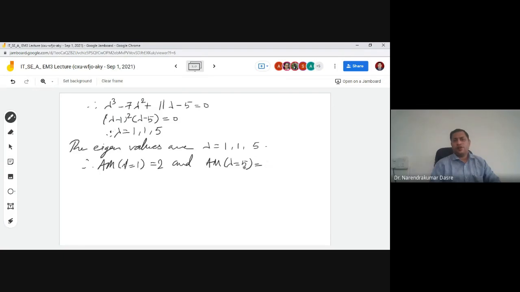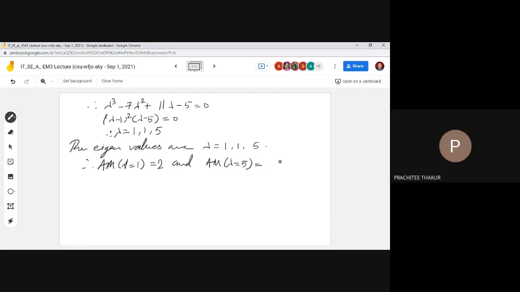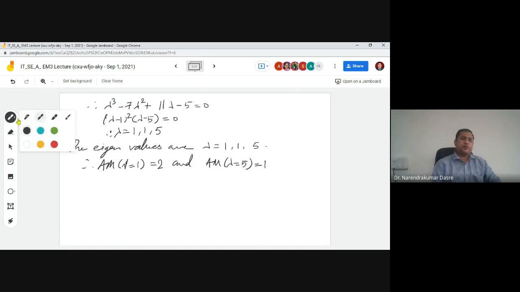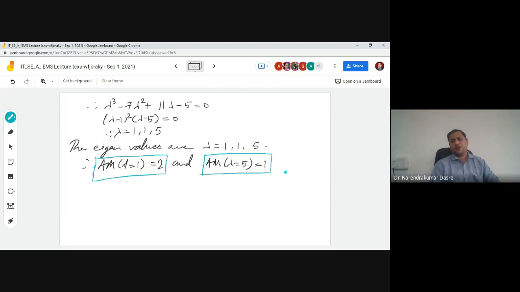How many times is 5 repeated? 1 time. So the algebraic multiplicity of lambda equal to 1 is 2, and the algebraic multiplicity of lambda equal to 5 is 1. So here we got the algebraic multiplicities.